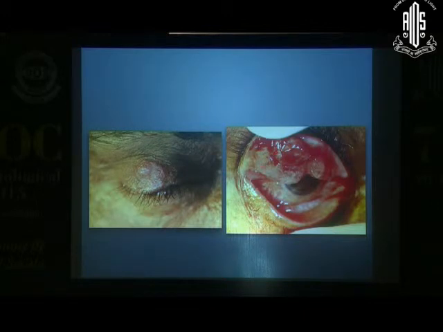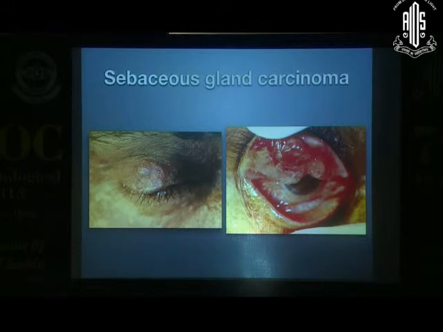Now this is not a simple chalazion, and the cause of irritation and discharge obviously will not go away with routine antibiotics and lubricants. This patient also was a patient of sebaceous gland carcinoma, but of a typical variant which we call as a pagetoid variant. In pagetoid variant, what happens is that the tumor just spreads over the surface like a flat lesion, doesn't penetrate too deep, but the horizontal expanse is much more than its vertical depth into the tissues.